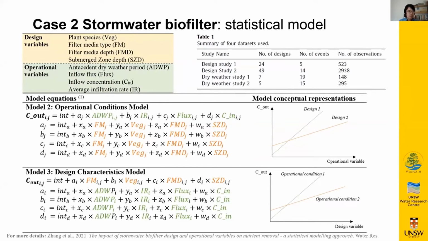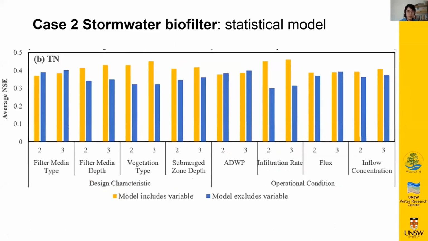And on top of that, we tried to exclude some of the variables to see if there's an improvement in the model performance, or if it actually decreases the model performance. In that way, we can tell which parameters are important and which are not.